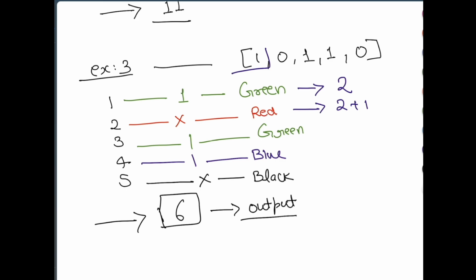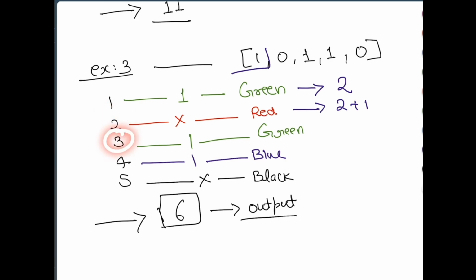Now when we asked the same question from rabbit number 3, this rabbit told that there is one rabbit which is of the same color as me. Now at this point of time, I have seen 2 rabbits, one of green color and one of red color. Out of this, I cannot say that rabbit number 3 can be red, because red colored rabbits are just 1. That's claimed by rabbit number 2, right? According to rabbit number 2, there are no rabbits of red color other than him.